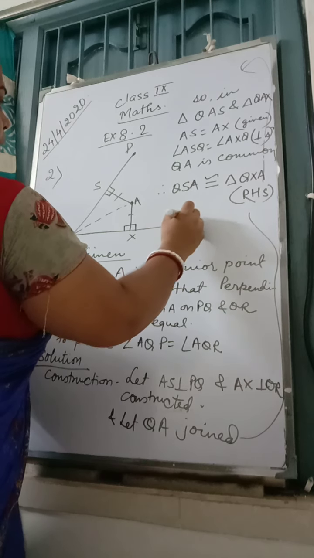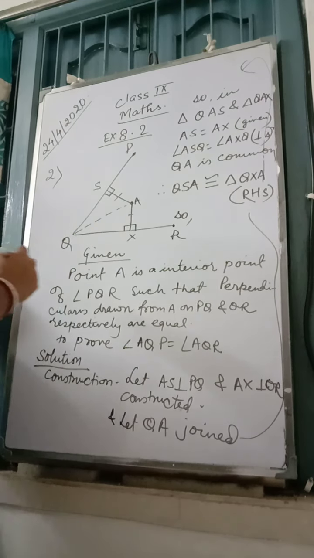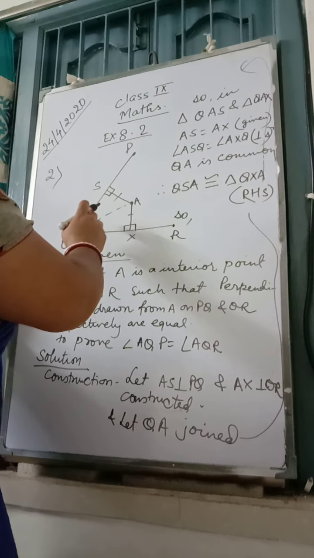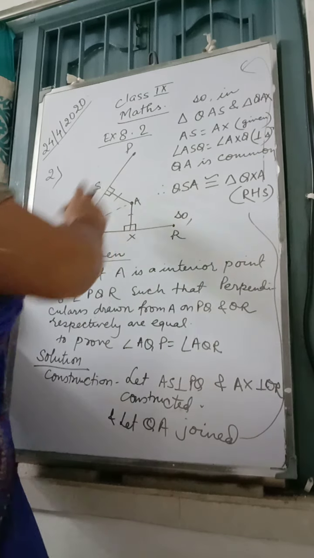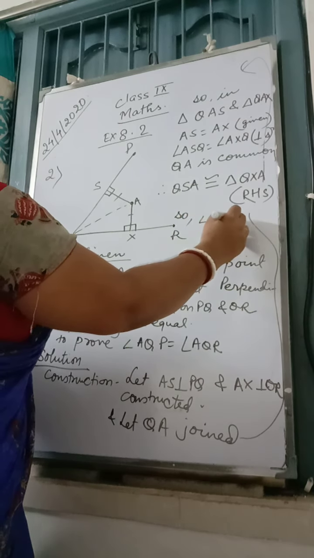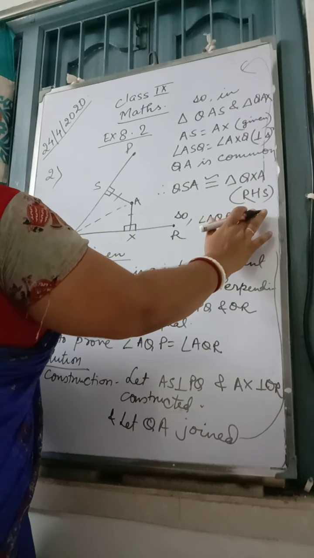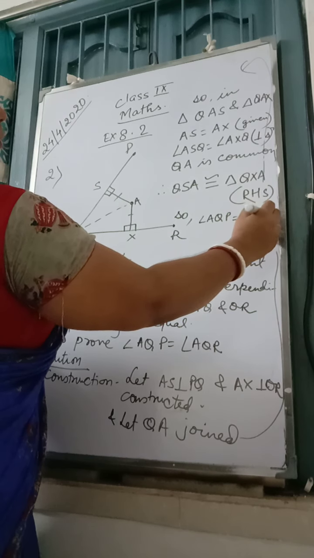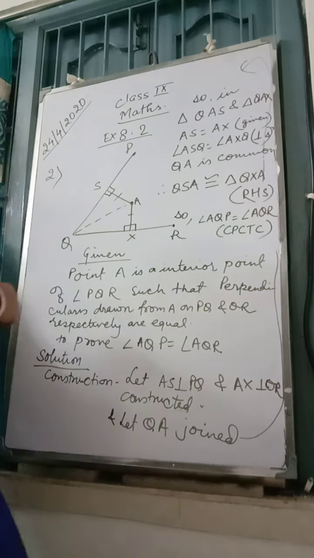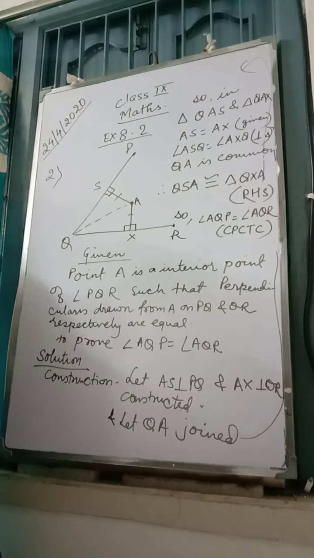Right angle triangle, side is equal, hypotenuse is common. Therefore, angle AQP is equal to angle AQR, by CPCTC. Corresponding parts of congruent triangles are congruent.